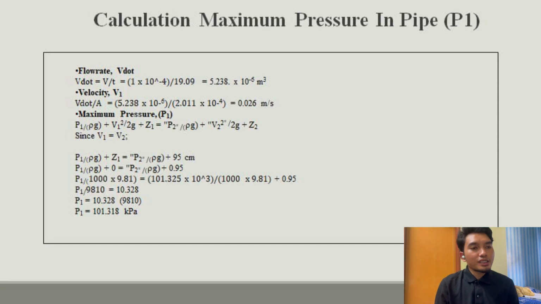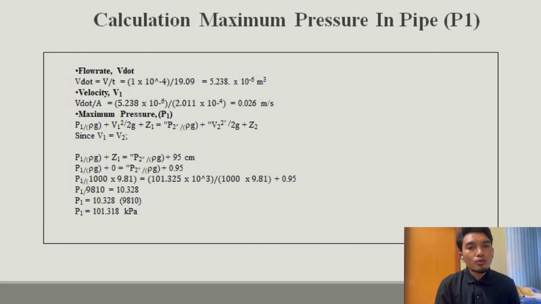So the maximum pressure is for P1. The formula is P1 divided by density and multiplied by gravity, plus V1 to the power of 2 divided by 2 gravity, plus Z1, equal to P2 divided by density and multiplied by gravity, plus V2 to the power of 2 divided by 2 gravity, plus Z2.